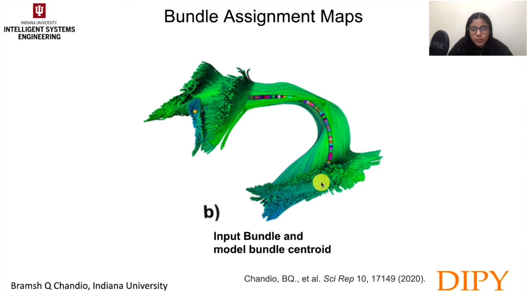Then we calculate the distance between all the points on all the streamlines and all the centroids. Wherever the distance is minimum, we give that point the label of that centroid number, so the number of the centroid becomes the label saying which centroid it belongs to.